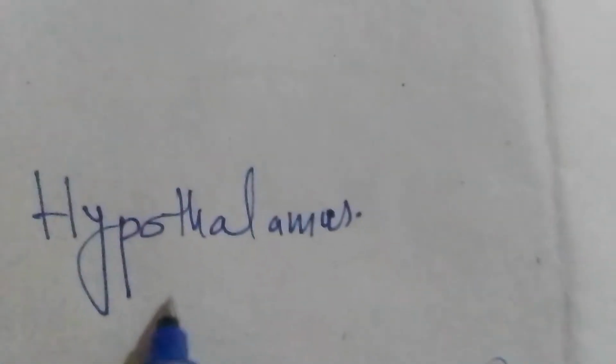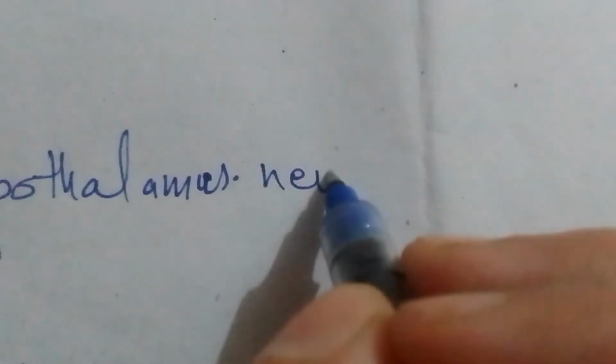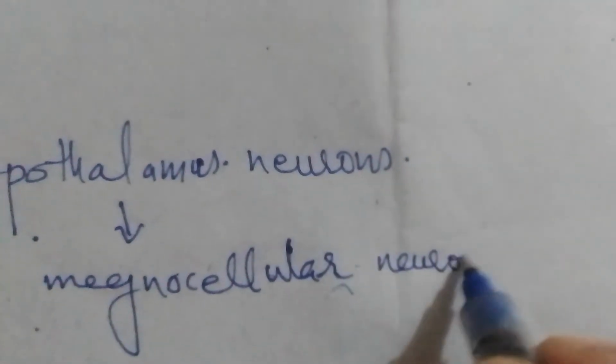So the hypothalamus neurons are called magnocellular neurons. These are of two types.